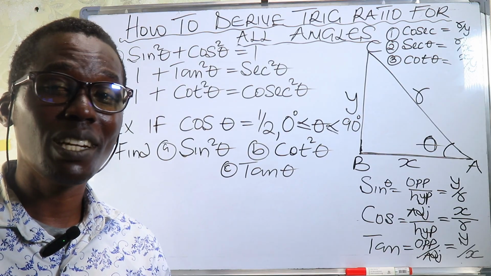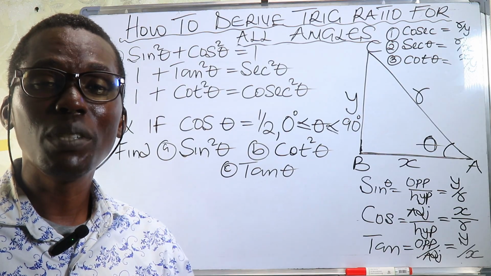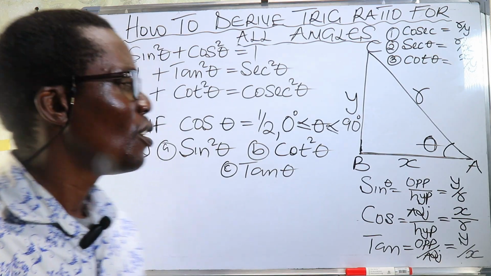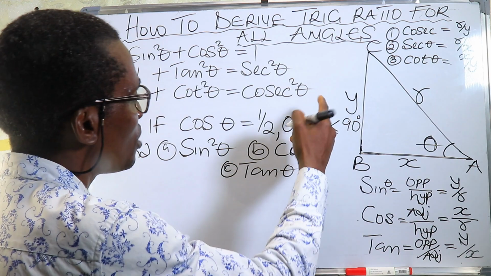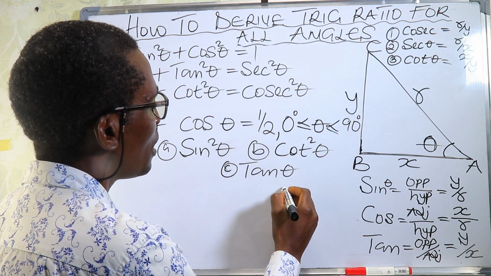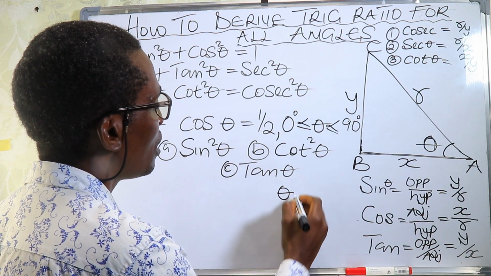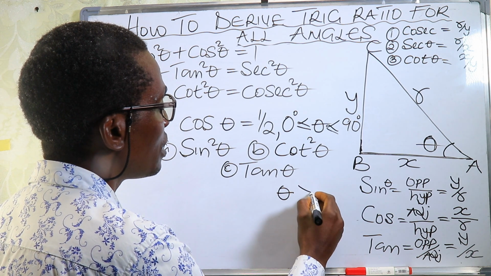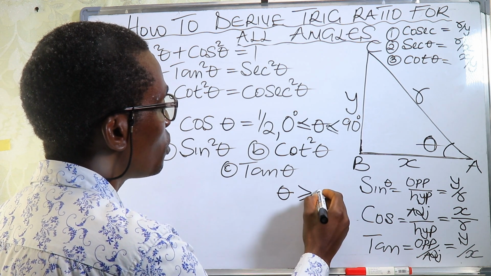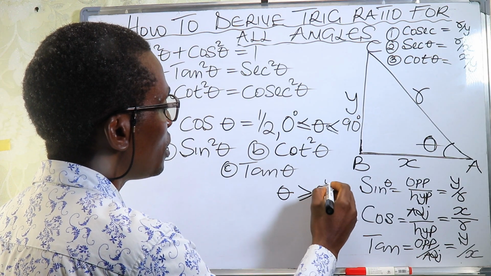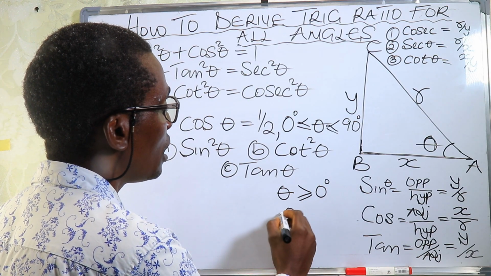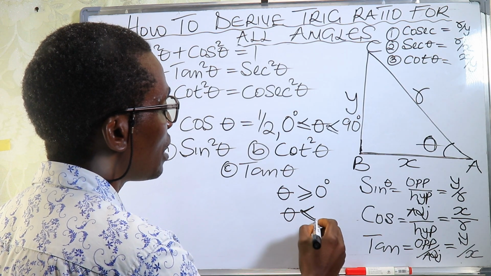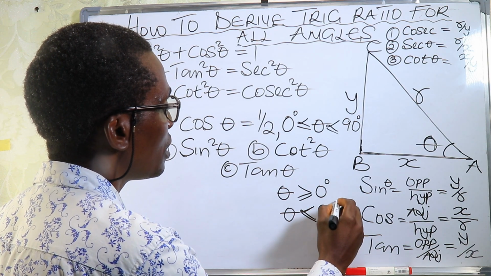Now if you no know how to derive all this trigonometry ratio, that means say you no fit know how to use am solve question. Now wetin this one mean? This one tell you say this range of angle tell you say angle theta must dey greater than or equal to 0 degree, but it must dey less than or equal to 90 degree.